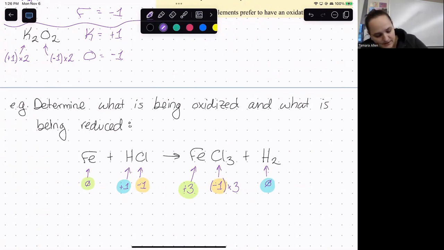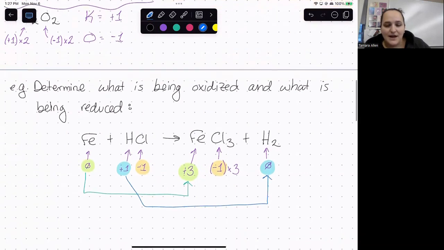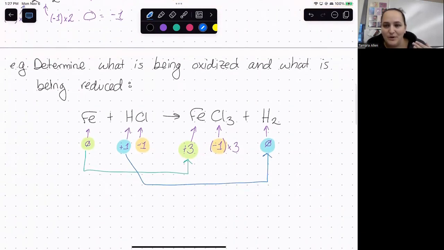But we do see that we have this oxidation number increasing, and we have this oxidation number decreasing. So we have, as we talked about earlier, one going in each direction means one thing was oxidized and one thing was reduced.